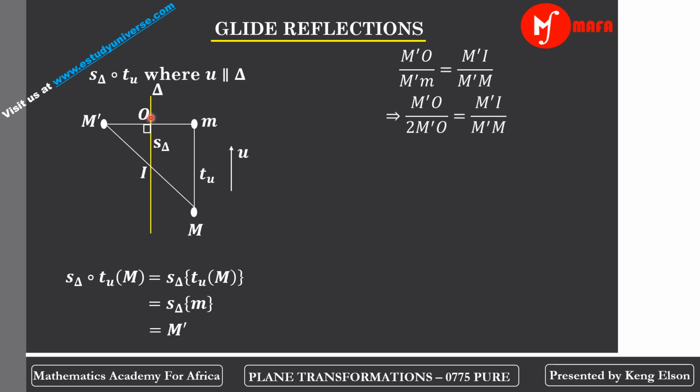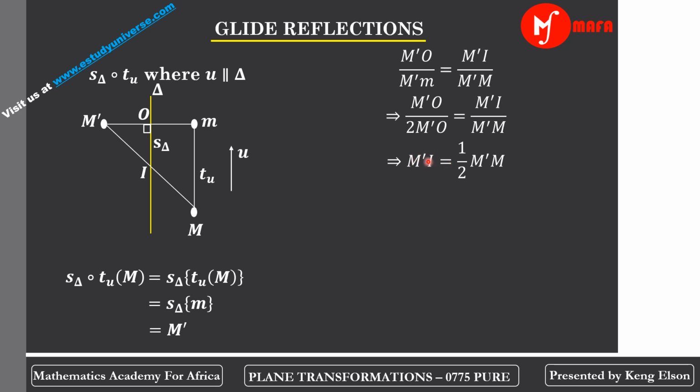So I'm going to replace M prime small m with 2 times M prime O. Then M prime O cancels, and I cross multiply with the distance M prime M. I'm left with half, so the distance from M prime to I is half of the distance from M prime to M. In other words, the distance from M prime to M is 2 times the distance from M prime to I.